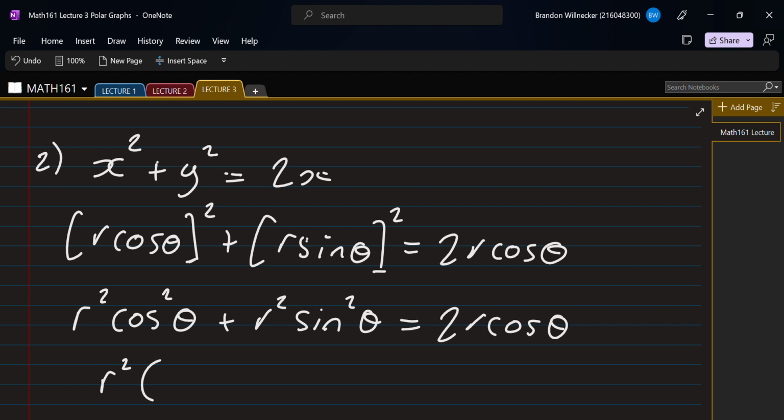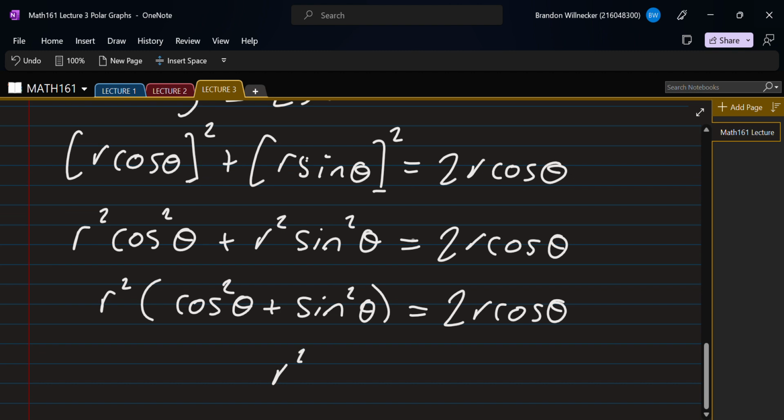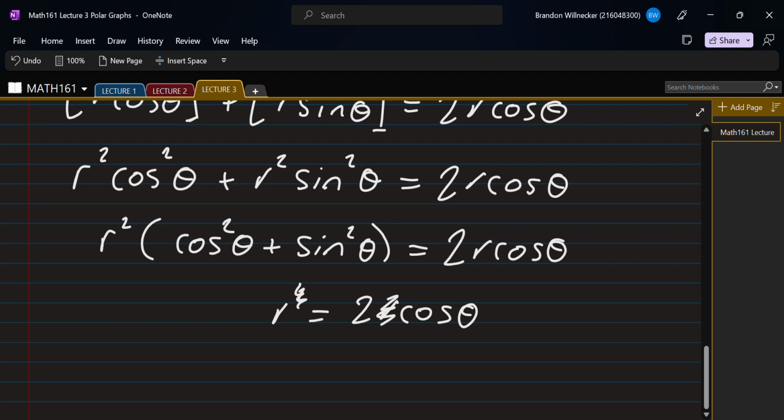So if we factor out this r squared, we get cos squared theta plus sin squared theta, which we know is 1. So we can get rid of it. Now we have r on both sides, we can get rid of that, so that gets rid of the squared. So we get r is equal to 2 cos theta.